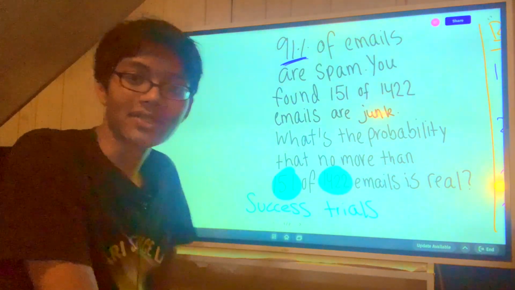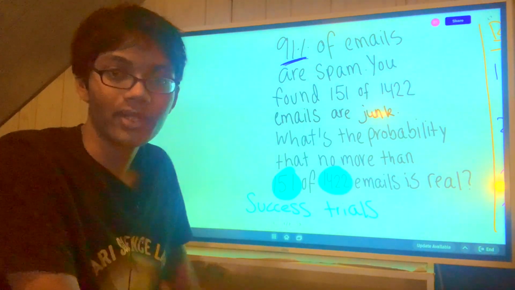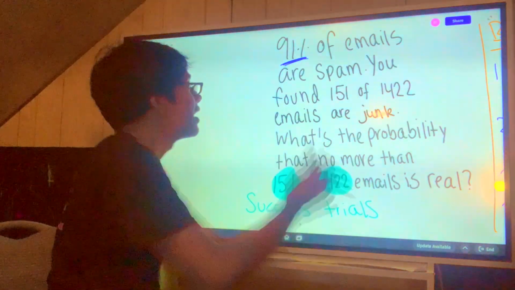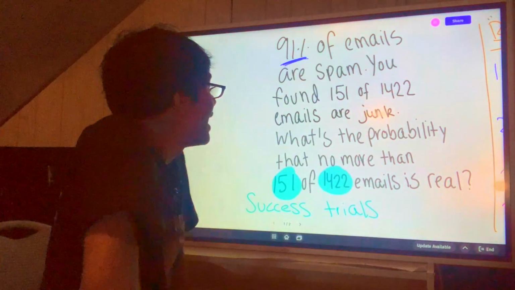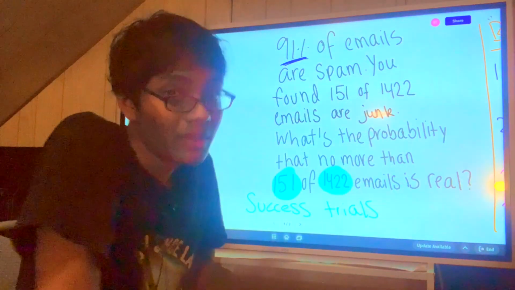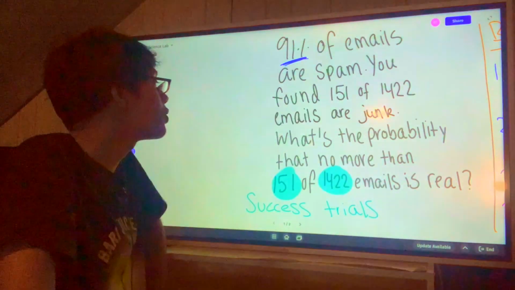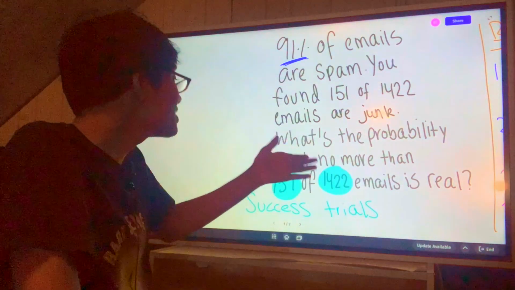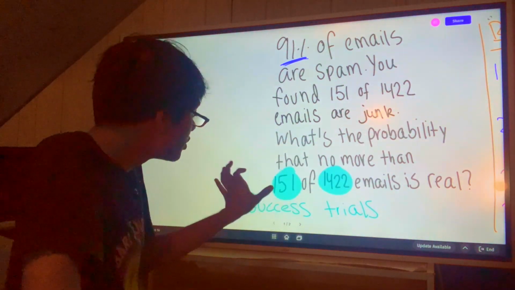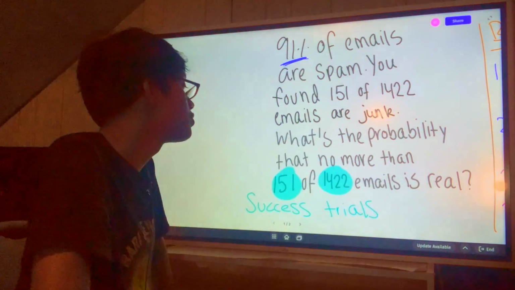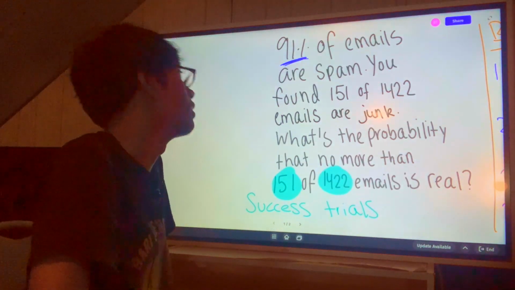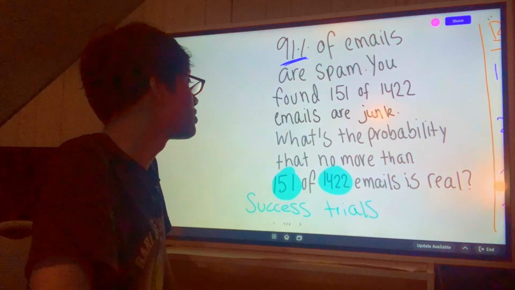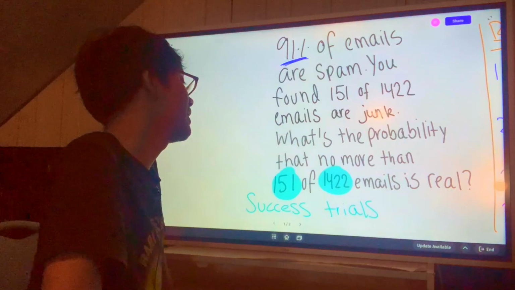And by the way, my email is full of Chipotle and Grubhub and all that stuff, so I'm pretty sure this is real. You want to verify, you check and you find that 151 of 1422 emails are junk. So the question is, what's the probability that no more than 151 of 1422 emails is real?